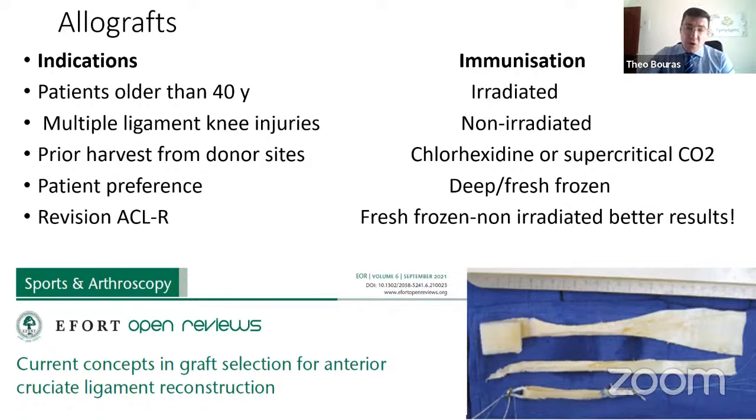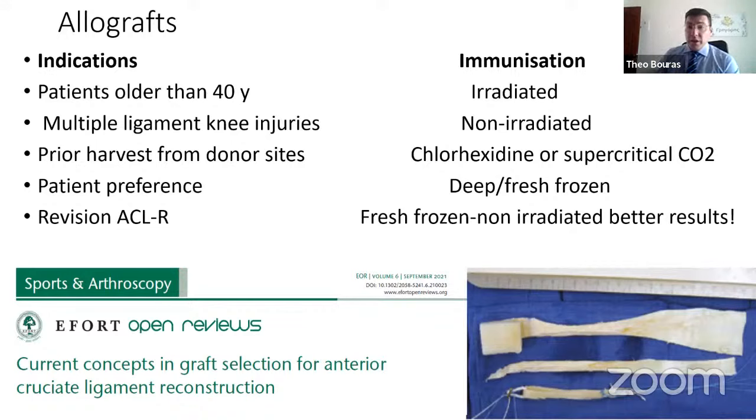The allografts are mostly indicated for patients older than 40 years old, patients that had surgery in the past and need to be revised, who had prior harvest from donor sites, who have multiple ligament knee injuries, so we need more graft to finish the operation, and the patient's preference. In the States, there are a lot of surgeons that use allograft as a standard, as routine, but always the patient has to be informed about the immunization and preservation of the allograft.